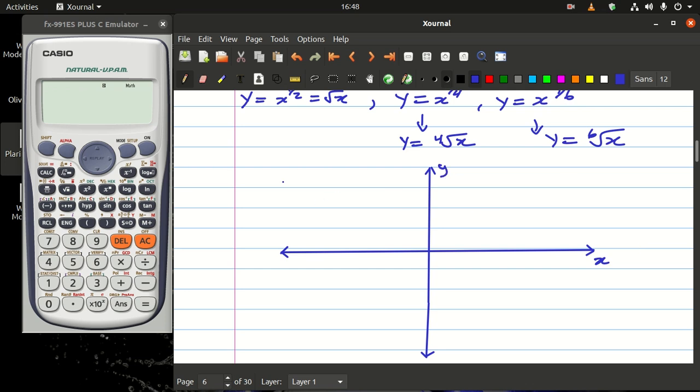Now, if I were to plot x squared, it simply looks like this, and x to the power 4 also looks the same shape, but they keep moving closer and closer to the y-axis, so this is y is equal to x squared.